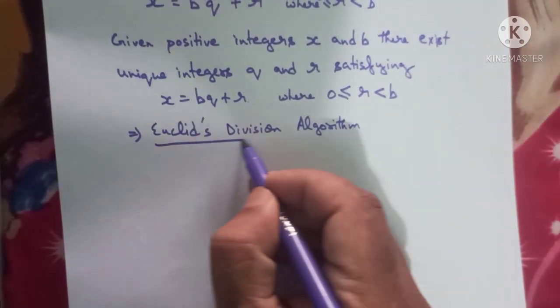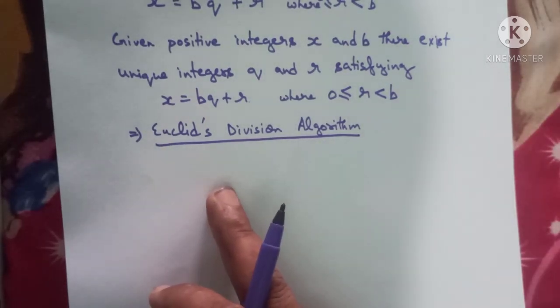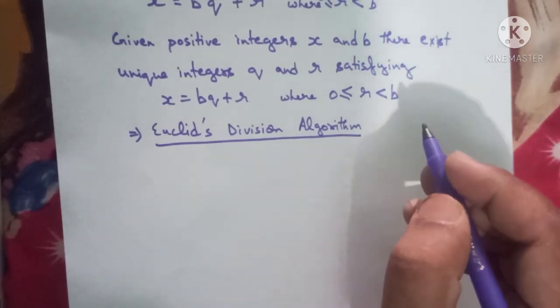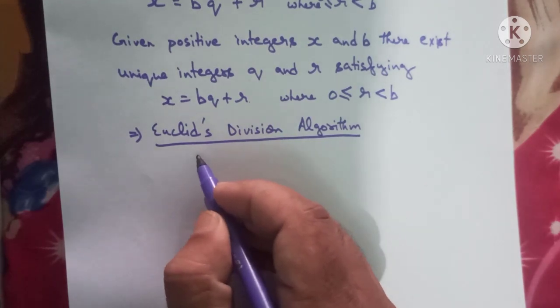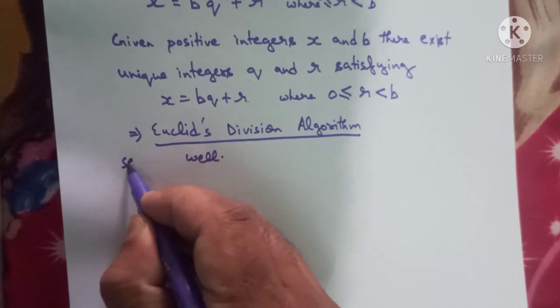Now sometimes in the questions you may get this term, Euclid division algorithm. What is Euclid division algorithm? It is nothing but the Euclid division lemma applied several times. Basically, an algorithm is a series of well-defined steps.